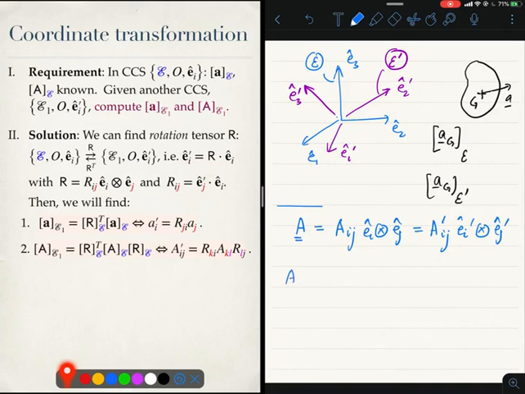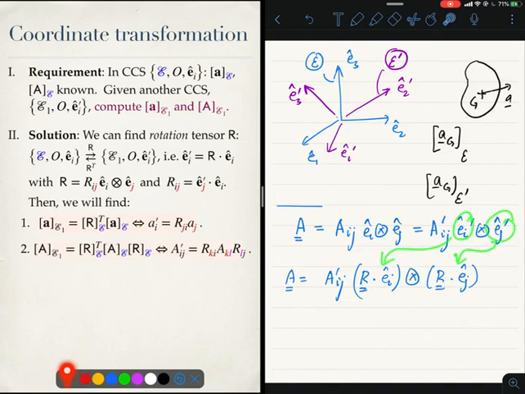So A then becomes A prime ij, R dot e_i, tensor, R dot e_j, not prime. So clearly this is that, and this is obtained from here.